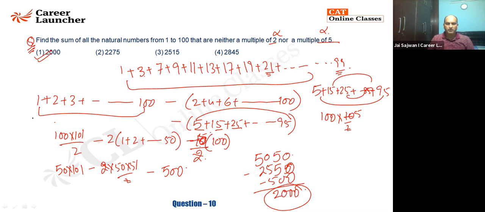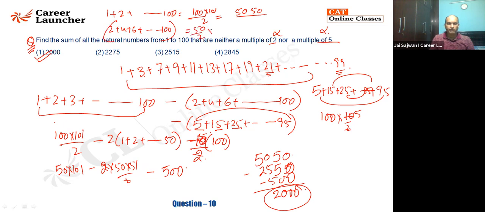Anything that you have. First, 1 plus 2 plus 3 plus 4 till 100. It is 100 into 101 divided by 2. That is 50, 50, 5050. Then 2 plus 4 plus 6 plus 8 till 100. How many numbers are these? These are 50 numbers. How many pairs will form? 50 by 2.